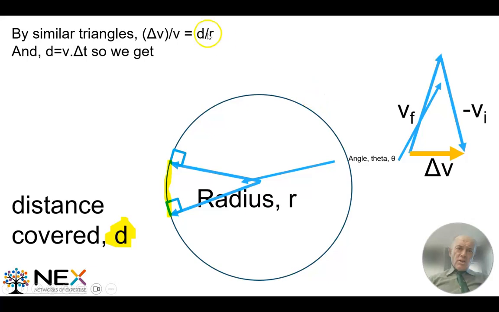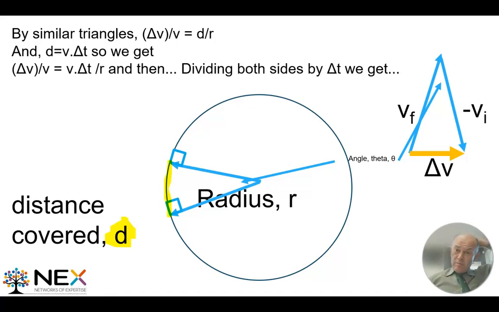And now we know that the distance travelled is equal to the speed times the time. So where we have d, we can put speed times time. The left-hand side's the same, and the right-hand side where it had d has v times delta t. Then we can divide both sides by delta t, which we can do because delta t is non-zero.